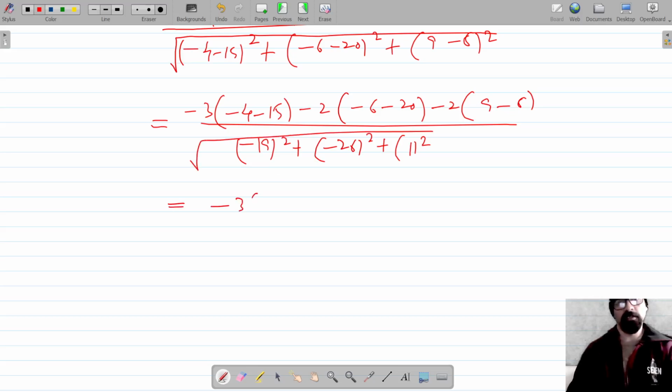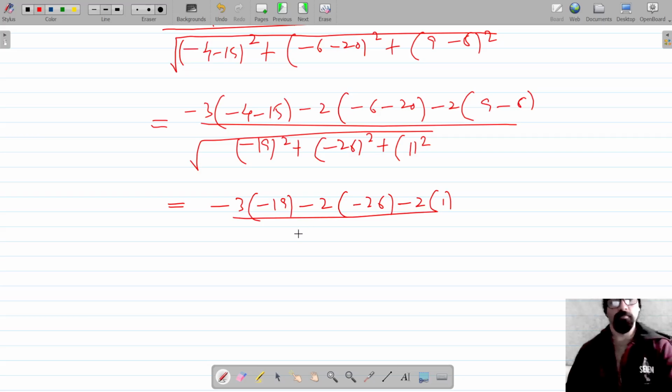This gives -3 into -19, minus 2 into -26, minus 2 into 1, upon the root of 19 square, which is 361, plus 26 square, which is 676, plus 1 square, which is 1.